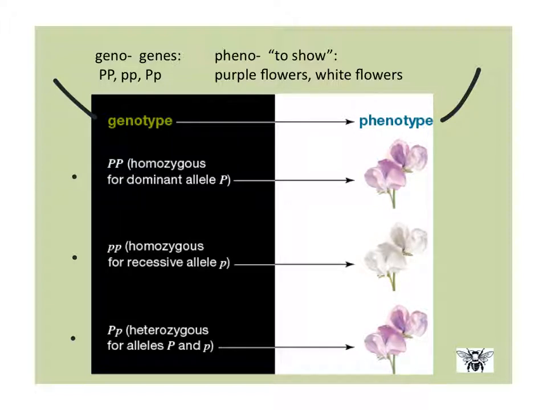The phenotype would be white flowers. How they look. Pheno means to show. Okay, then we have big P, little p. This is heterozygous for the gene of flower color. And because P is dominant, the phenotype will be purple.